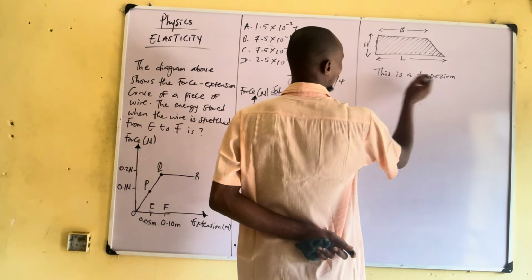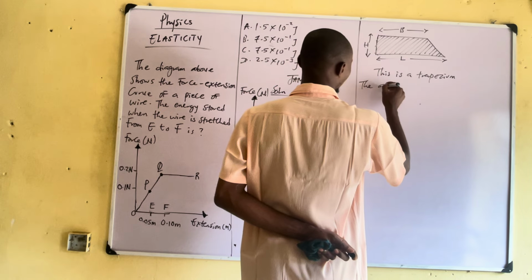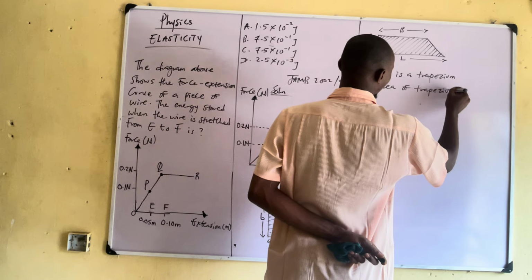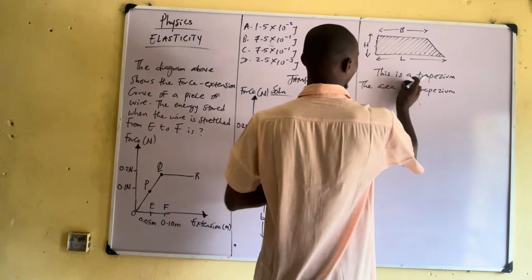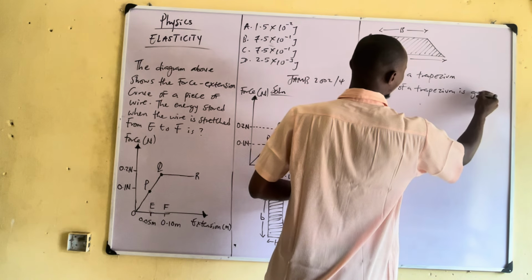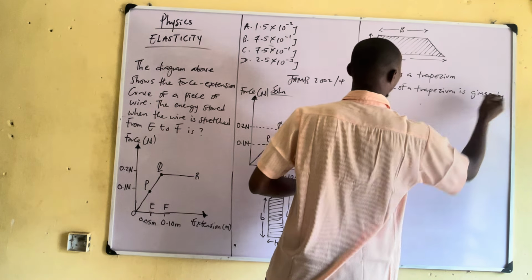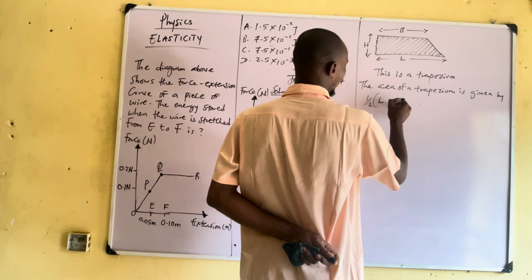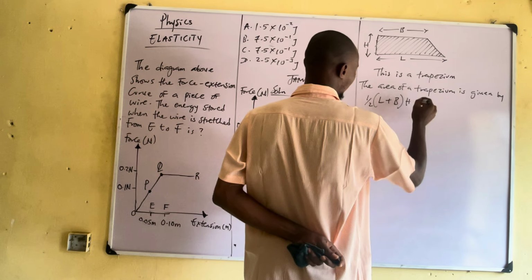So the area of a trapezium is given by 1/2 bracket length plus breadth times height.